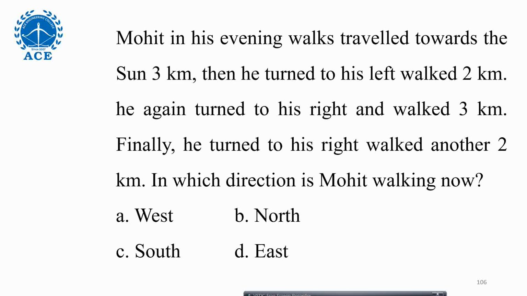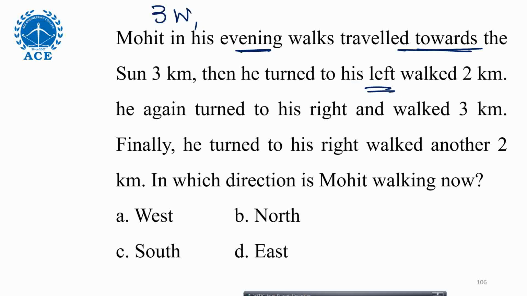Now again one more directions question. But this is a good question they given. Mohit in his evening walking, traveling towards the sun. So instead of giving west, they added one line extra. Okay, evening, walking towards the sun means we are going west. So 3 west, then you are going left, my dear.